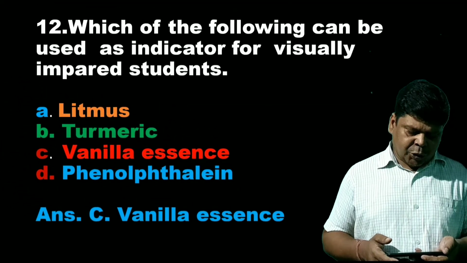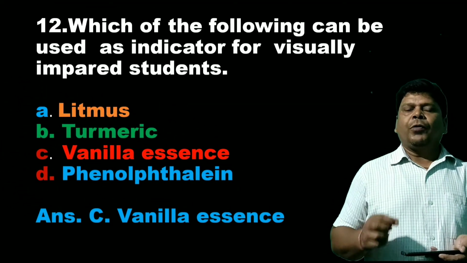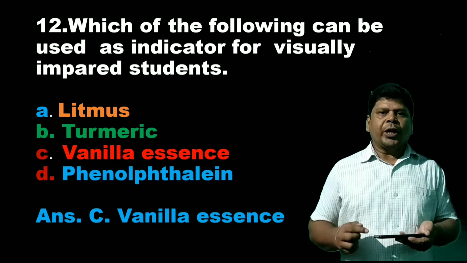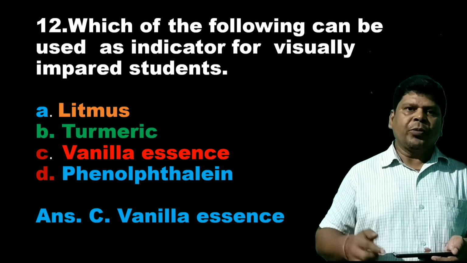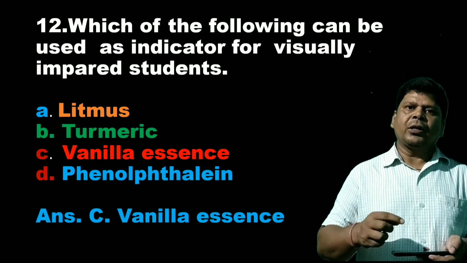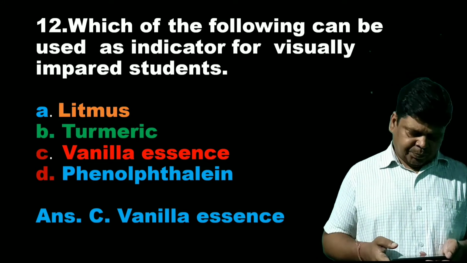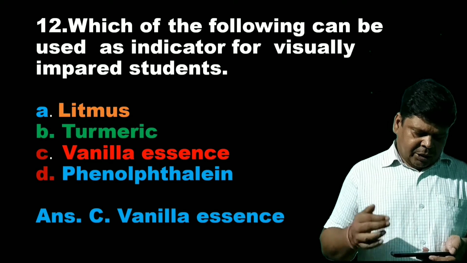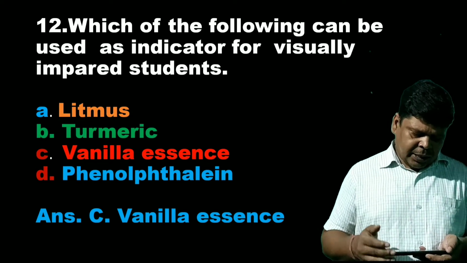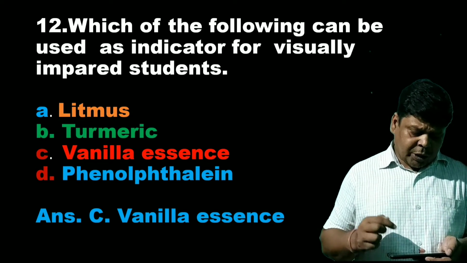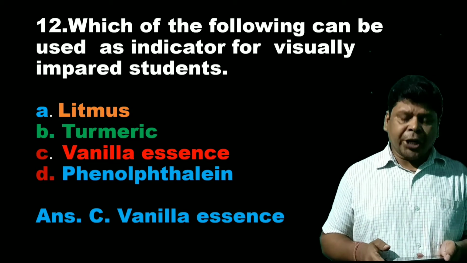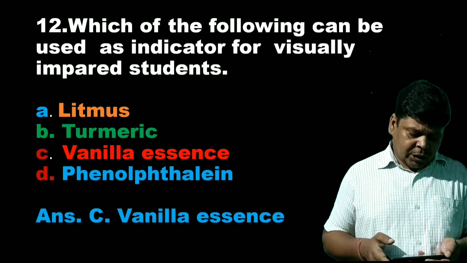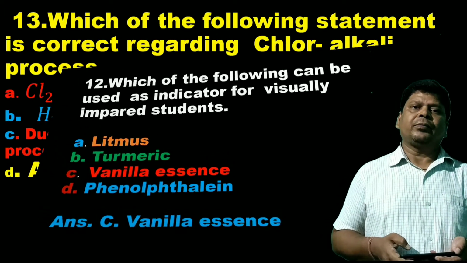Now, which of the following can be used as an indicator for visually impaired students? For visually impaired students, an olfactory indicator is one of the suitable indicators, which changes its odor in acidic or basic medium. Here the options are litmus, turmeric, vanilla essence and phenolphthalein. Amongst these, vanilla essence is an olfactory indicator. So the answer would be C, vanilla essence.